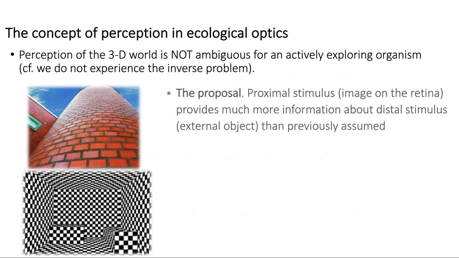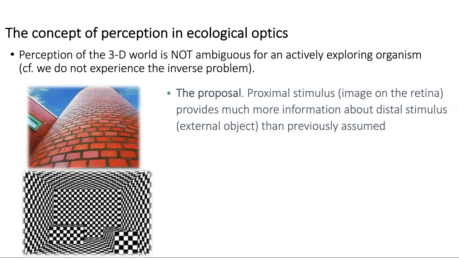So here the idea is that there is much more information in the environment than predicted. For instance, the three-dimensional world is not simply ambiguous, and the burden is not only on the brain and world knowledge to resolve all these ambiguities, but it is in the environment, because the proximal stimulus, I mean the image on the retina, continuously changes as we move.